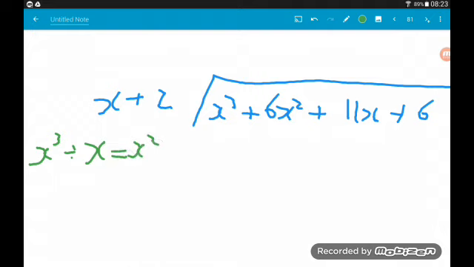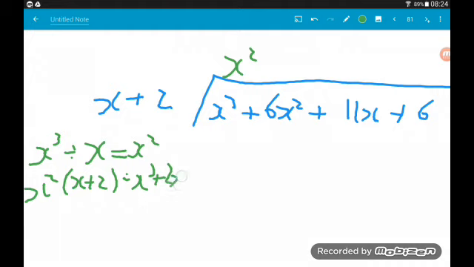So that's the first thing to go up on top of the sign like that. We then multiply that by the divisor. So, x squared times x plus 2 is x cubed plus 2x squared, like that.